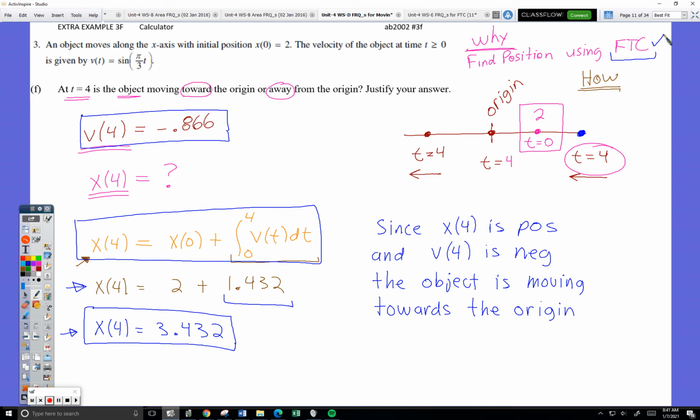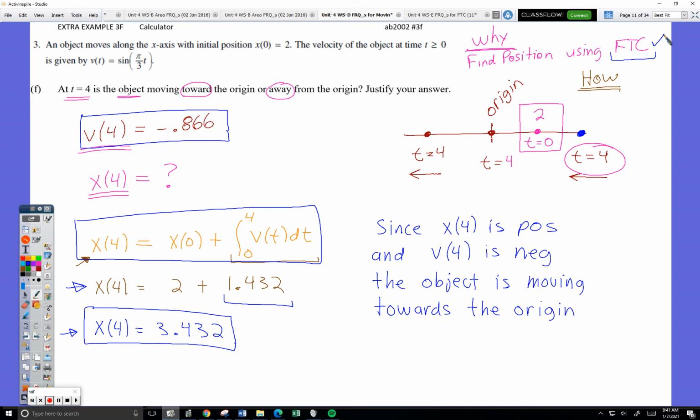You have to say, since this is positive and this is negative, the object is moving towards the origin? Or can you just say it's moving towards the origin, like you show your work and then you just write it's moving towards the origin? Awesome. Hold on. Everyone listen to this one. This is what Jonathan just said. It's very logical, what you're thinking. It just turns out that the rules of the test are such that that would lose you points; you would only get one of 2 points.